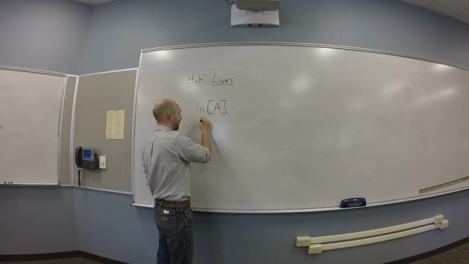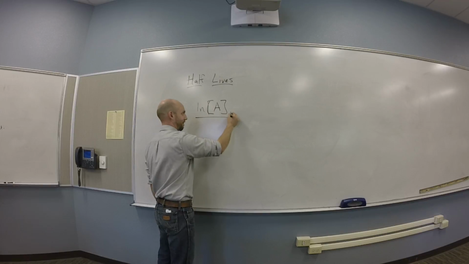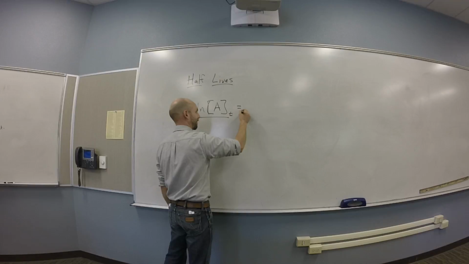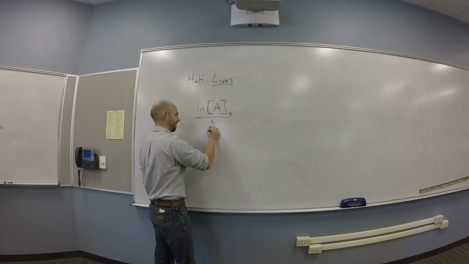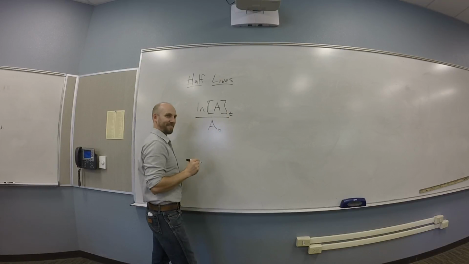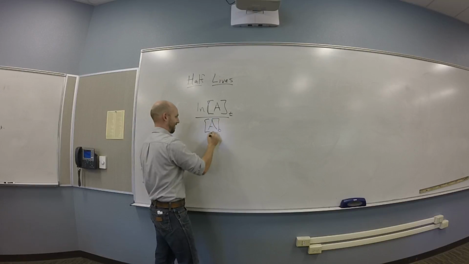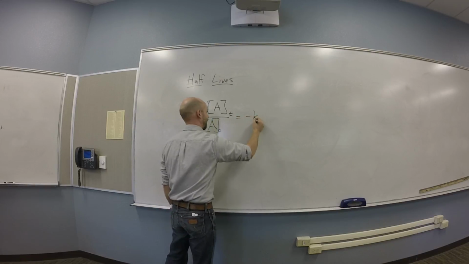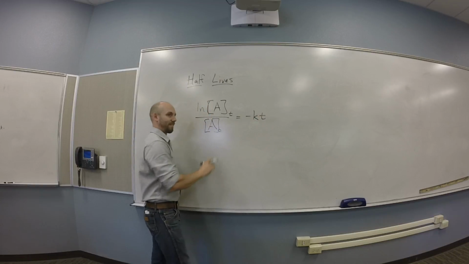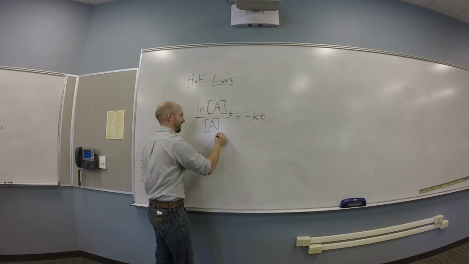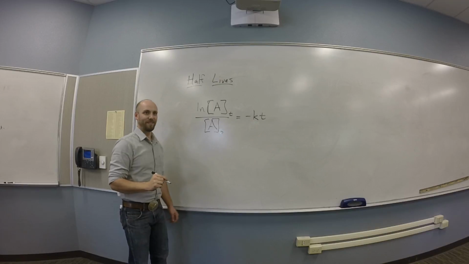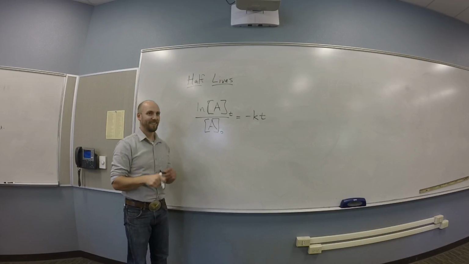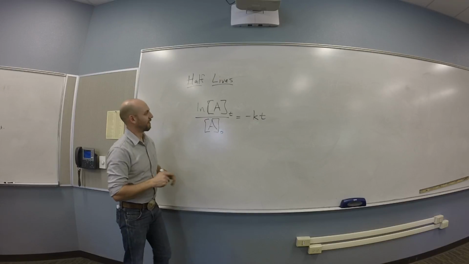Then A naught, so A subscript 0, below it, but in brackets too. All equals negative kt.